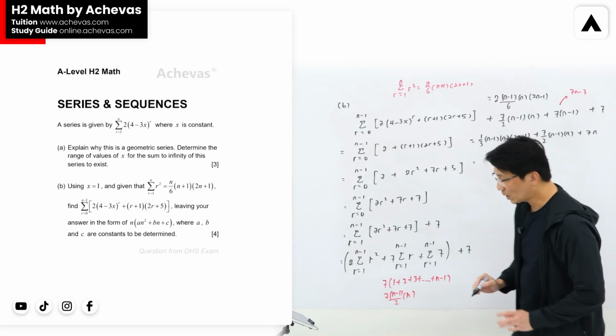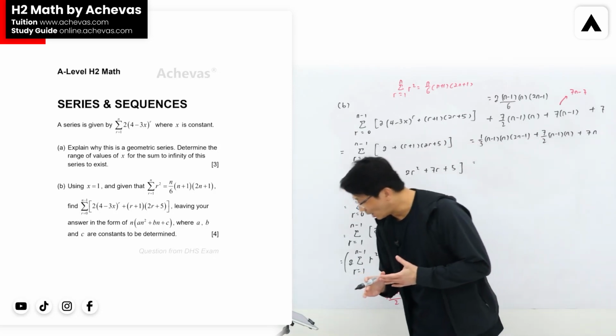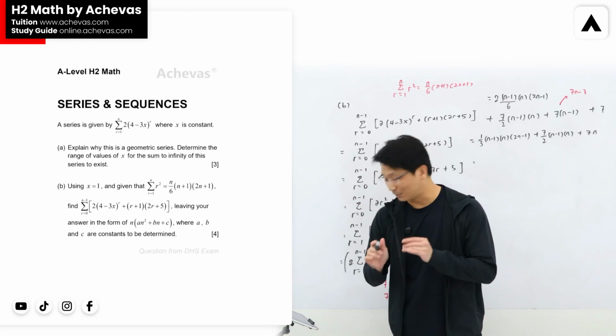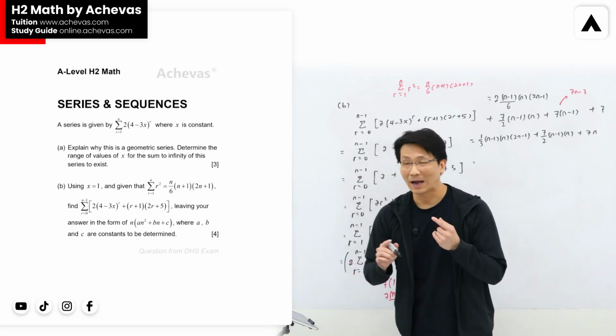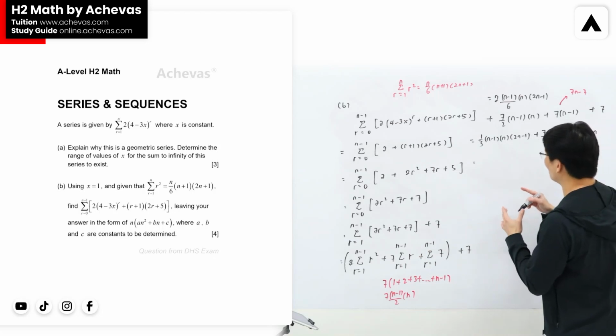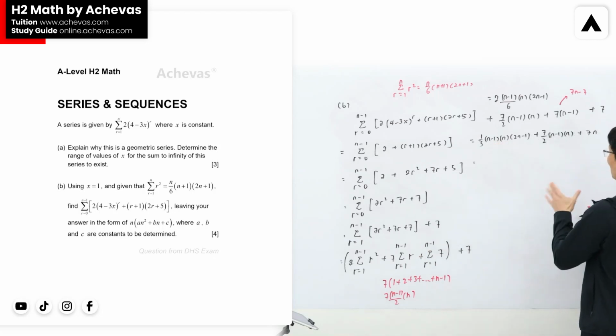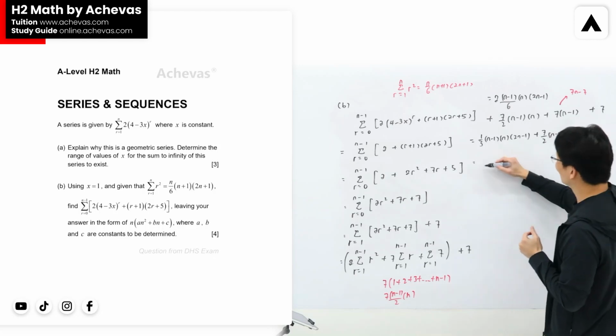If we were to look at the final expression which they want us to find, there's an n outside of this bracket. So I think we are going to factorize out the n first. Also after simplifying, we can expand out everything much more easily.